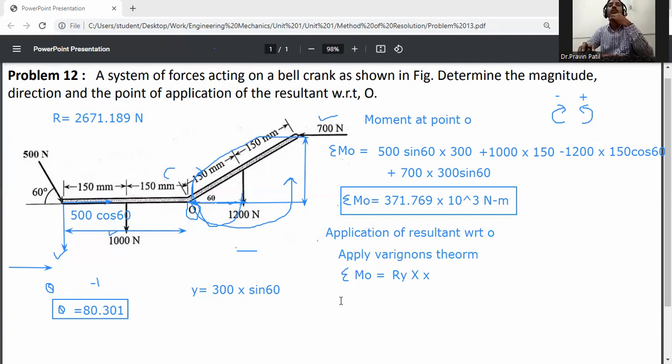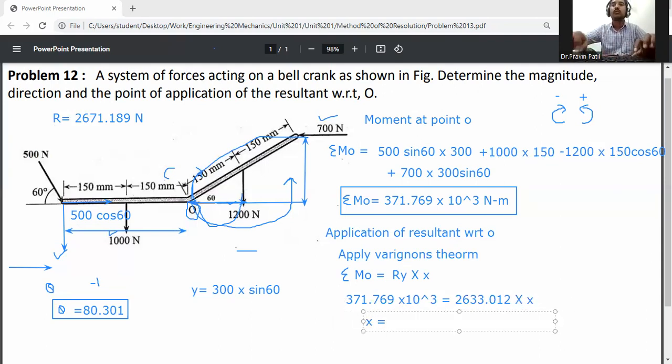So 371.769 into 10 raised to the power 3 is equal to Ry, which we calculated as 2633.012, into x. From this relation we get x.